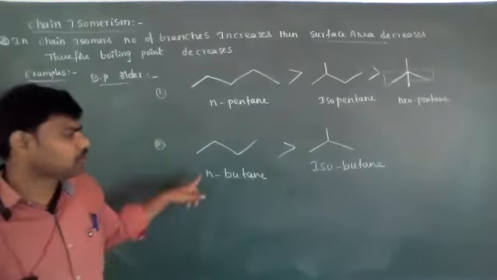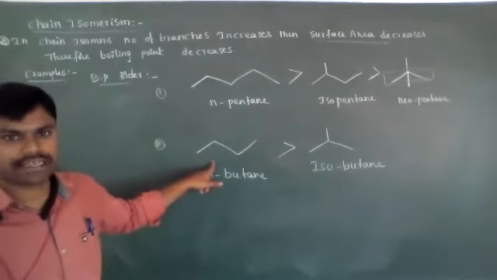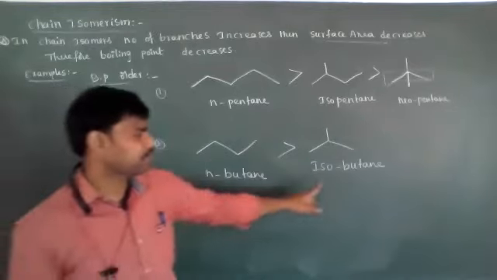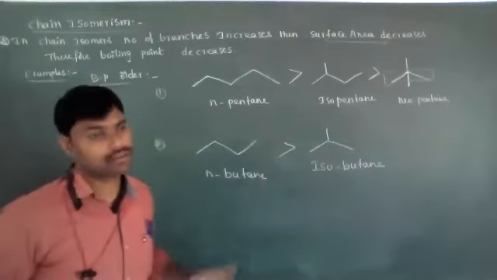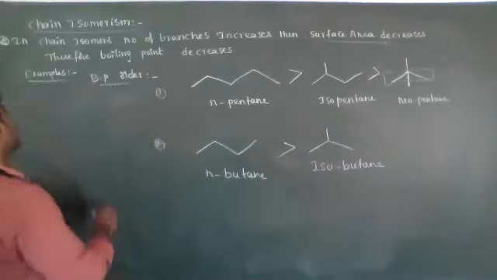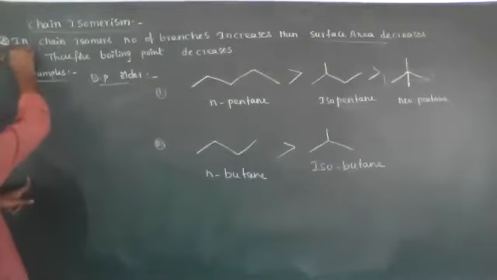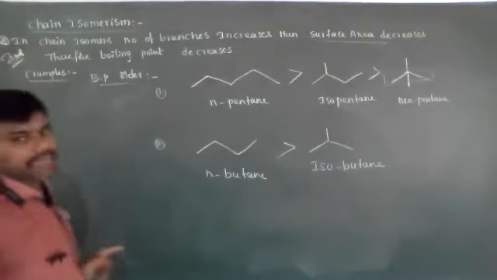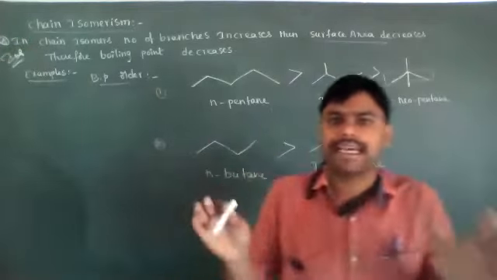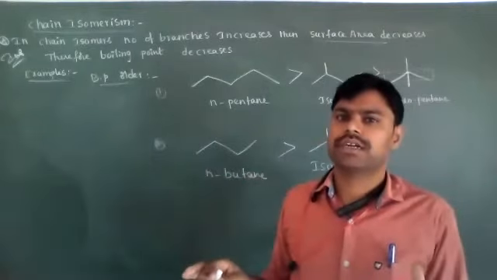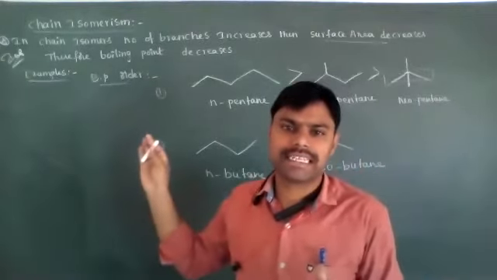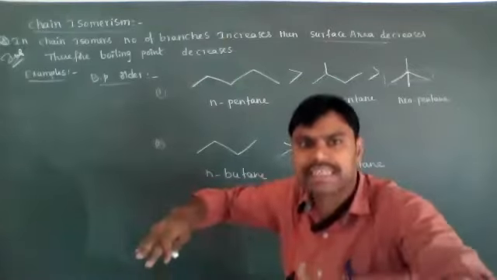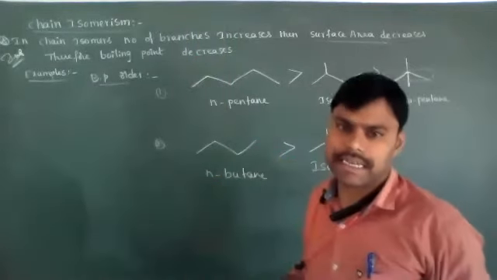That's why n-butane has more surface area and more boiling point when compared to isobutane. So it is a very important point related to chain isomers. What is the statement I said, dear students? In chain isomers, as the number of branches increases, the surface area decreases, and the boiling point decreases.